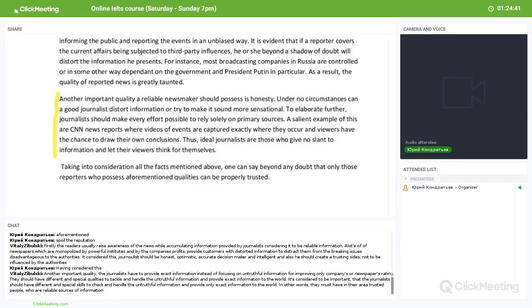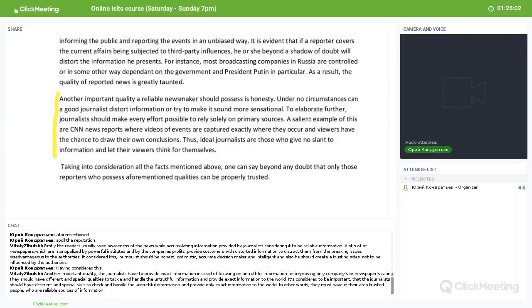Okay, it's the same sentence again. In other words, they must have in the area trusted people. They must have some trusted people, well, in their field, who are reliable sources of information. Before who, there is no comma needed either.